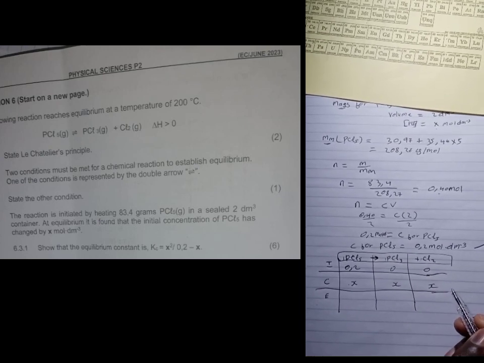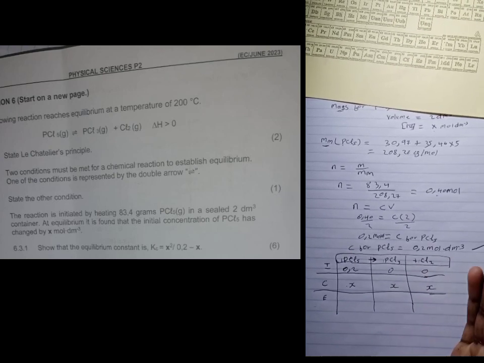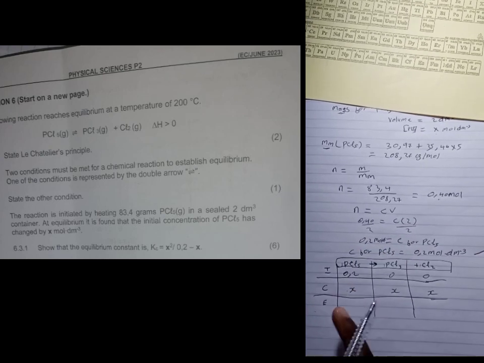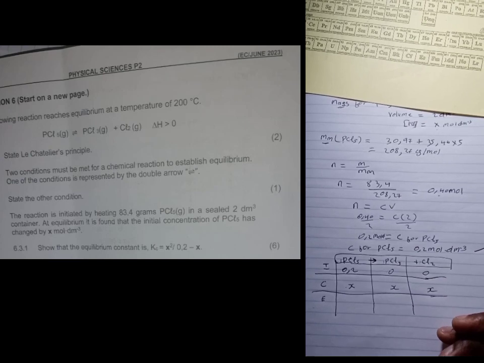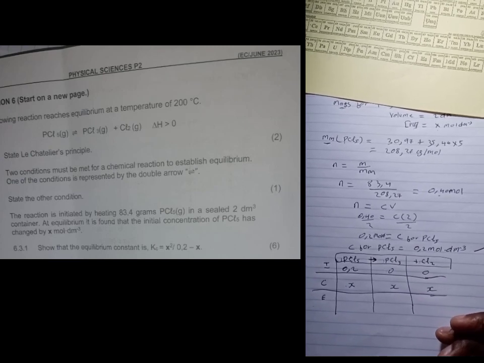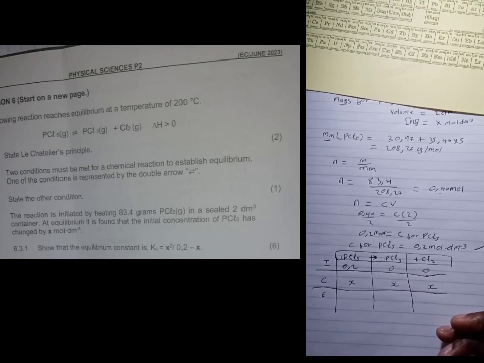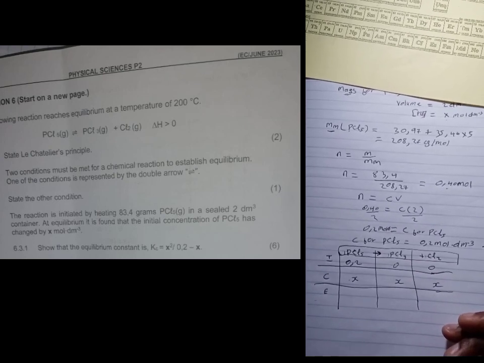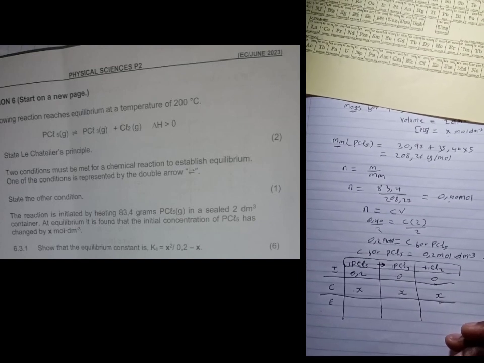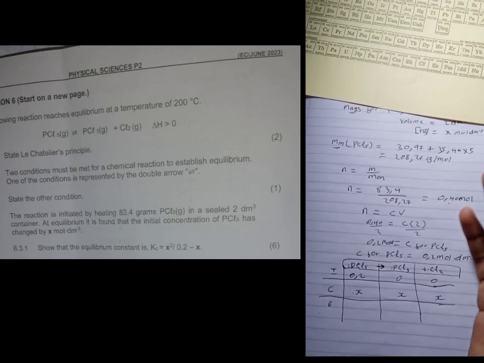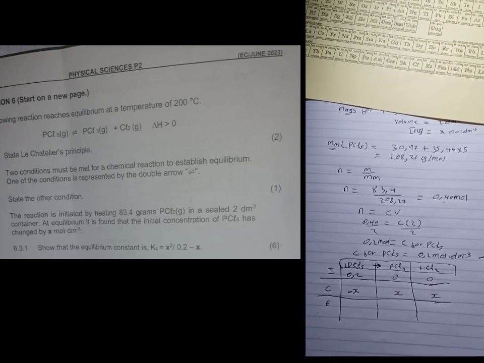Now, which ones should be negative and which positive? The x value for the reactant should be negative because it is decomposing to the product. So this one is negative x.